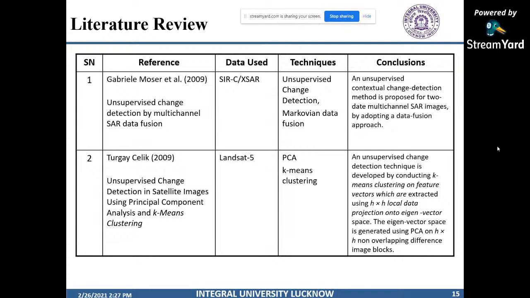After reading that paper, we try to make a conclusion in 1 or 2 lines, or 3 or 4 lines. We don't give a lengthy explanation there. We just try to conclude that particular paper in a concise way, in a minimum of words.